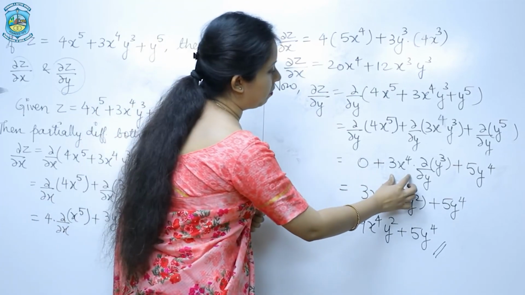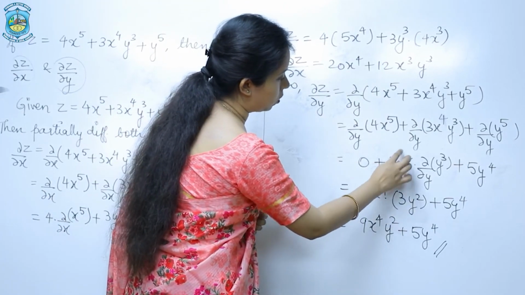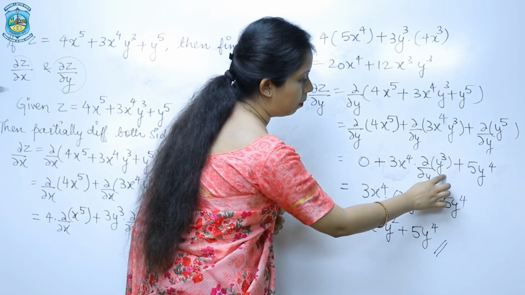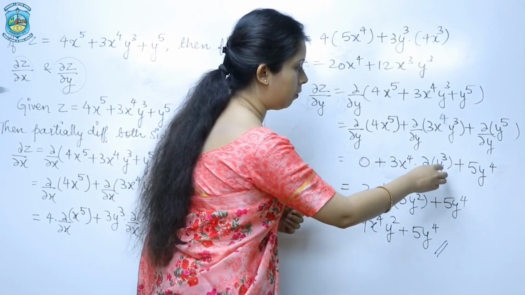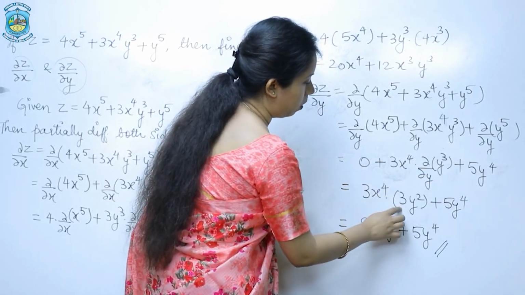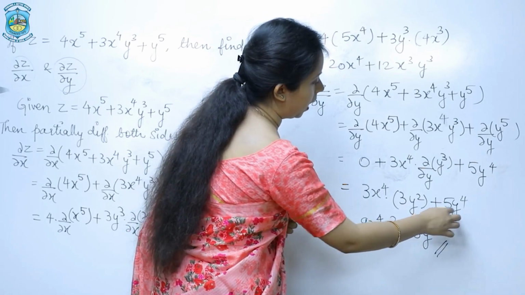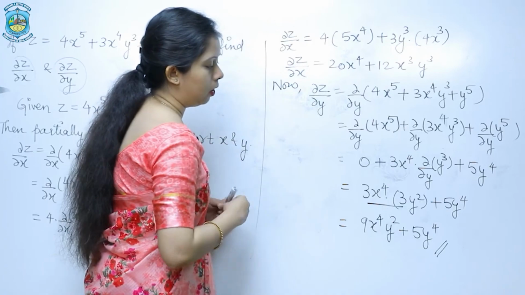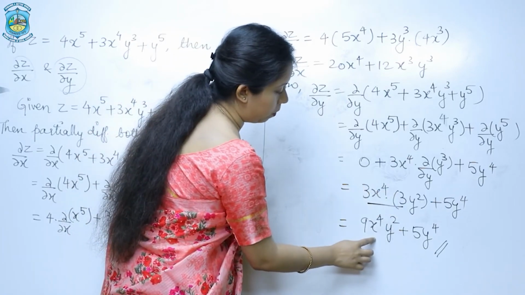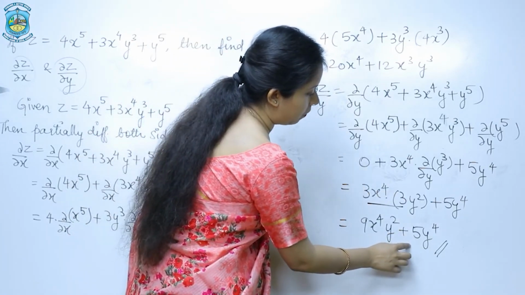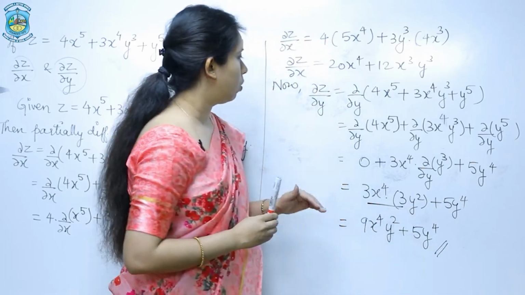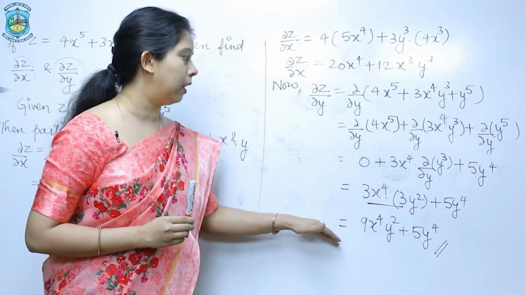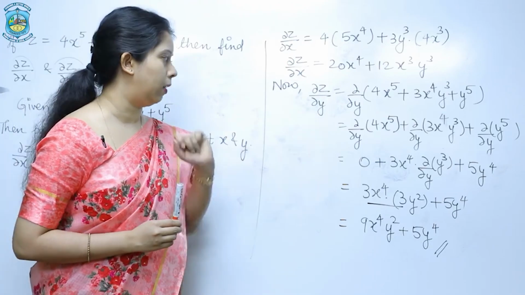So, on simplifying the second term, we will get 3x^4, and using the formula for the derivative of x^n, that would be 3y^2 plus 5y^4. So, on simplifying this, we will get 3 into 3 is 9, x^4 y^2 plus 5y^4. So, this is the value of the derivative ∂z/∂y.